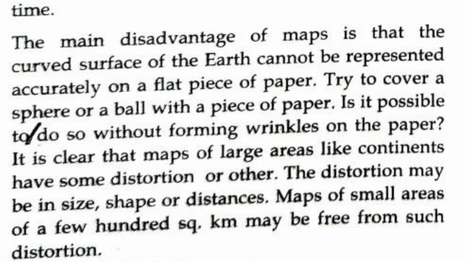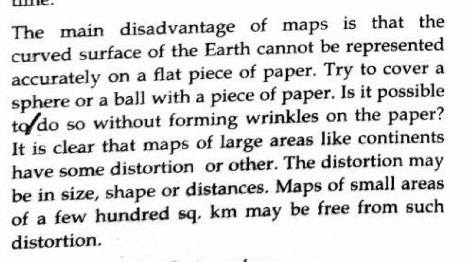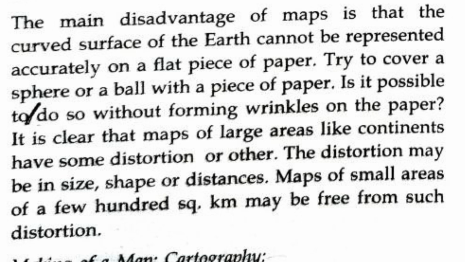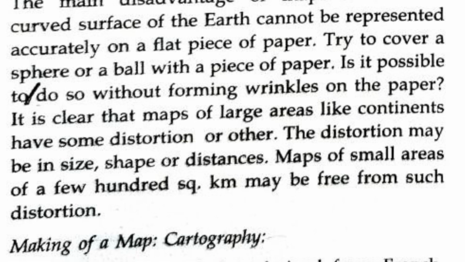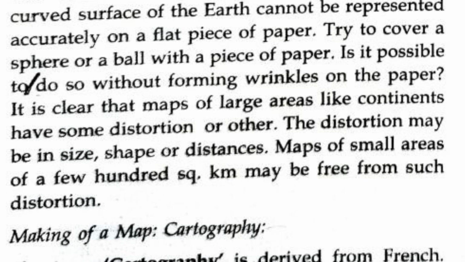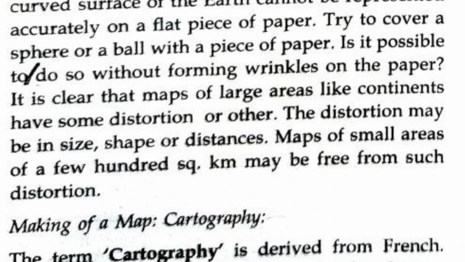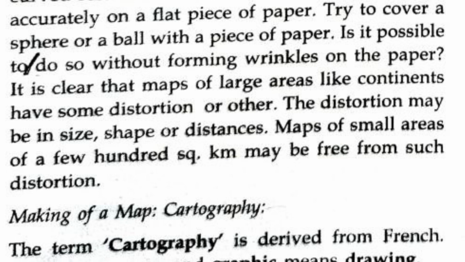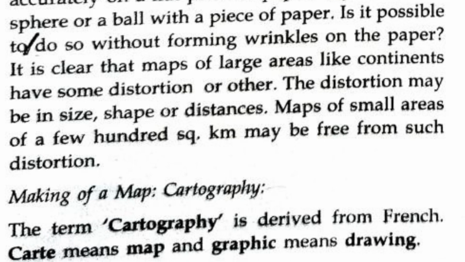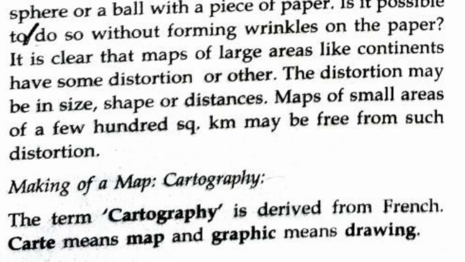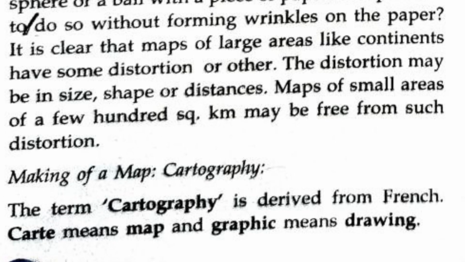It is clear that maps of large areas like continents have some distortions or other. The distortion may be in size, shape, or distances. Maps of small areas of a few hundred square kilometers may be free from such distortion.